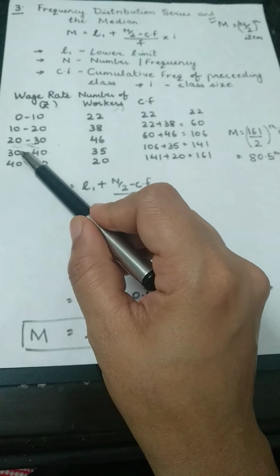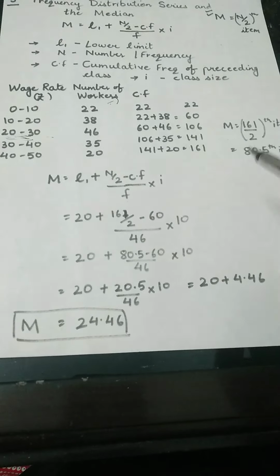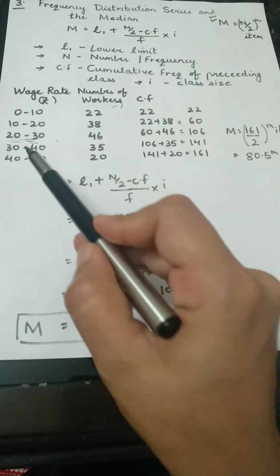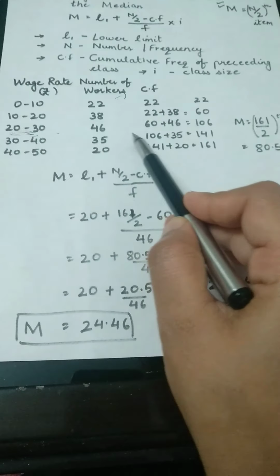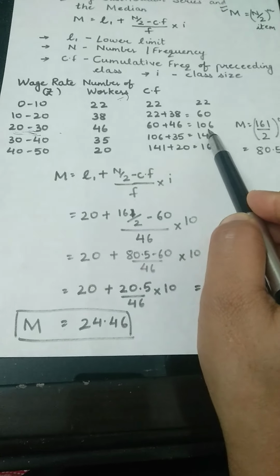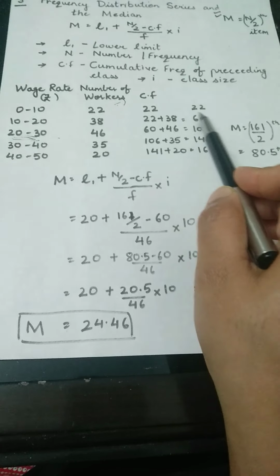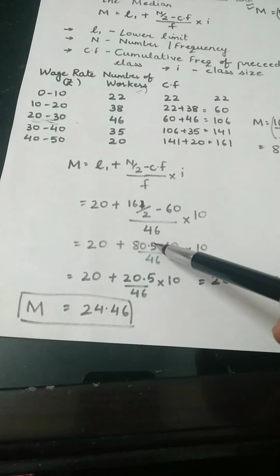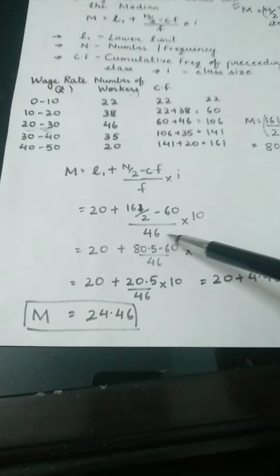That is 20, plus n by 2, that is the frequency total, 161 by 2, minus the cumulative frequency of the preceding class, that is 60 in this case. Divided by the frequency of the same class, 46, multiplied by class size.